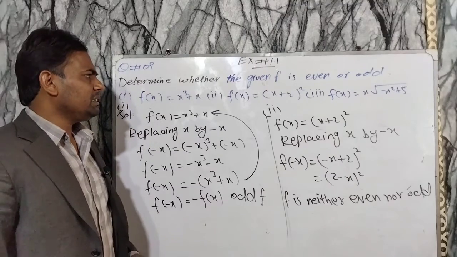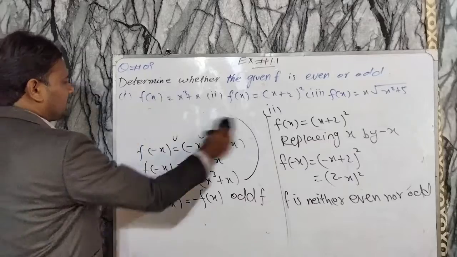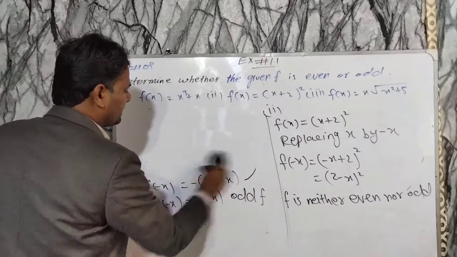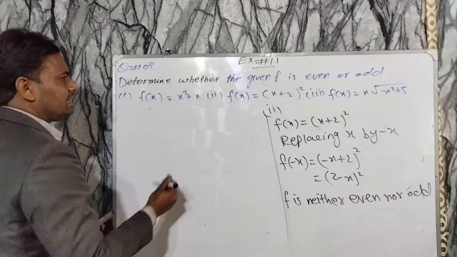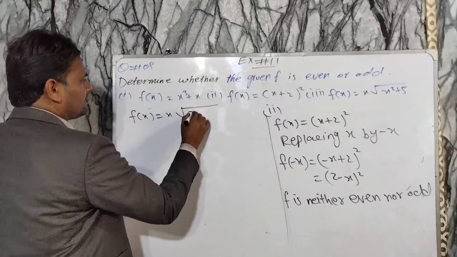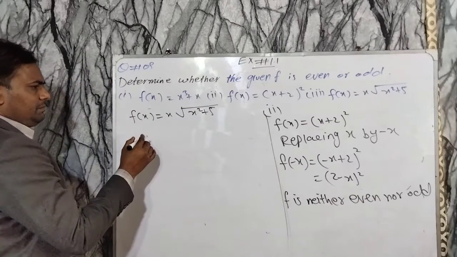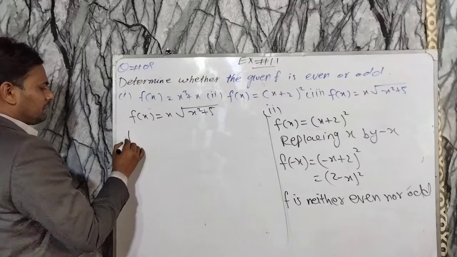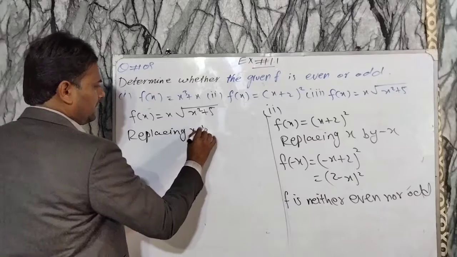Now we take the third example of this question. The third example is f of x equal to x times the square root of x square plus 5. Again I replace x by negative x. Here I write: replacing x by negative x.